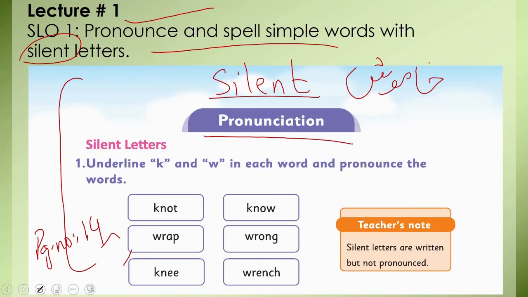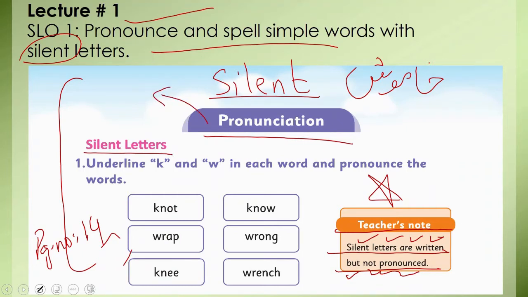When they are written, they are only used to write, but they are not pronounced. As you can see in the textbook, there is a small note for the teachers, but it is also very important for you, so you can read it. Teacher's note. Silent letters are written but not pronounced. So let's look at the examples.